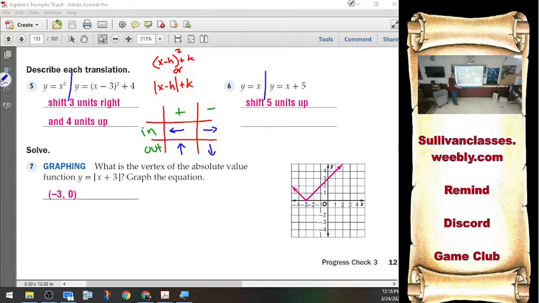Remember, the vertex is that pointy part. It's where it changes direction. So if I know that this is a plus 3 inside my absolute value, I know that it's going to move left 3. Well, if it moves left 3, it's at the point negative 3, 0. Okay?